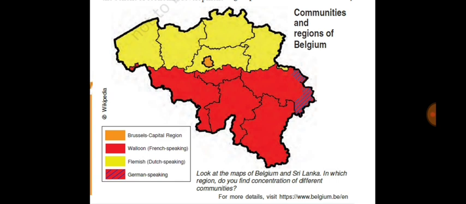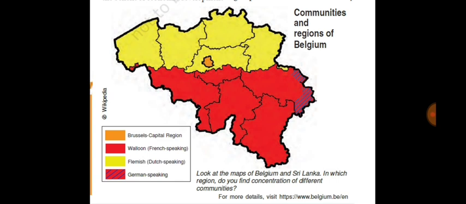And the red part that you are seeing in the video is the Wallonia region. Mostly the people who reside there speak the French language, and in pink color, this is Brussels, the capital city of Belgium, and there is a red and blue line that is part of Germany.